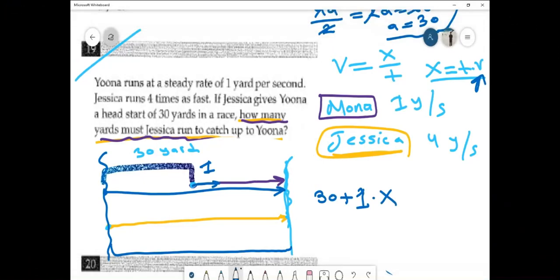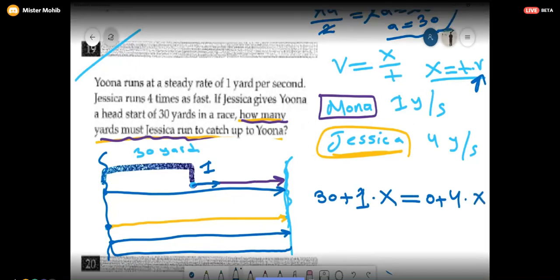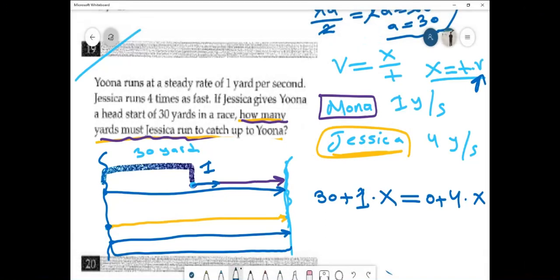If my reference point is here as distance, the distance from here to here with the speed, which is 1, times the time, let's say the time is x, will be equal to the distance written with this term.